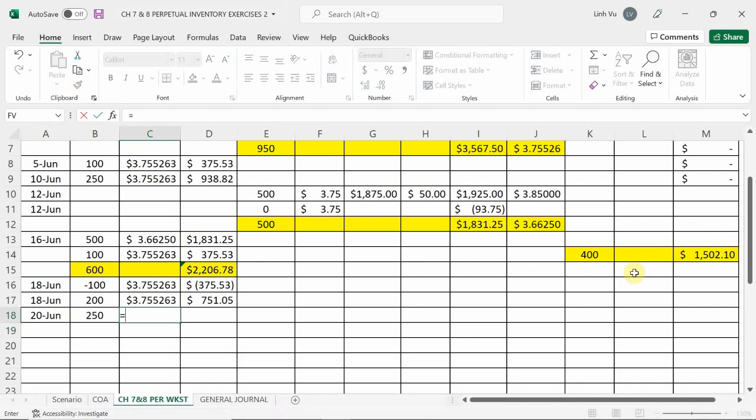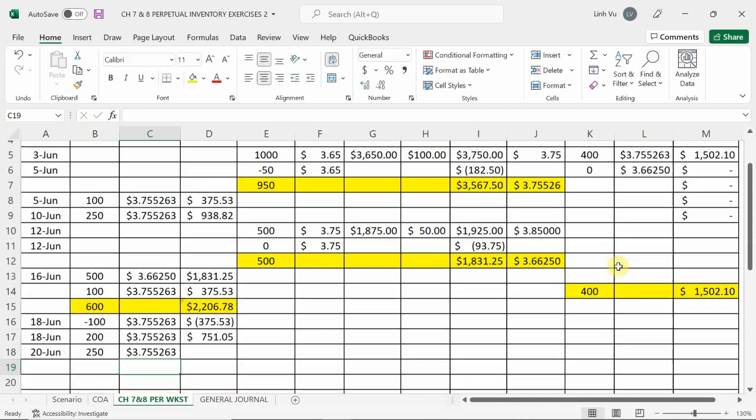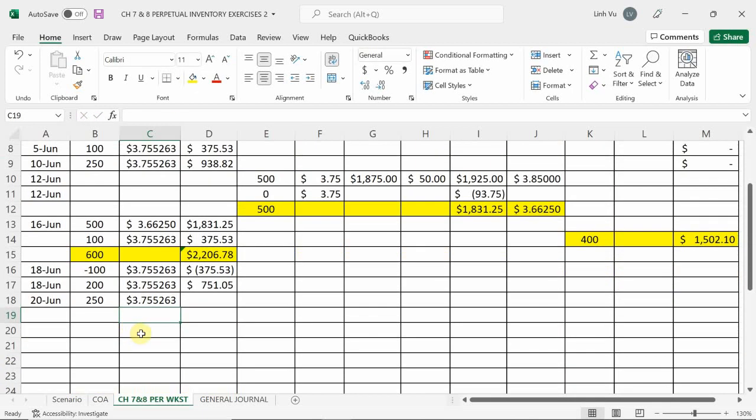I only have one batch of inventory, still at $3.75526 per unit. So how much in grand total is my cost of goods sold if I sold 250 units at $3.75526? $938.82. Good.